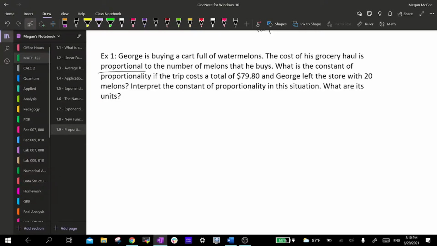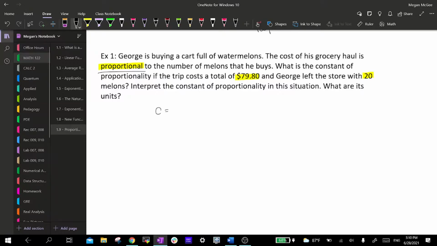All right, so let's get some important information here. We've got proportional going on. We've got a total of $79.80, and we're leaving the store with 20 watermelons. So earlier we had the cost of apples, right? So we had the cost is equal to, again, we're using our equation for proportionality.